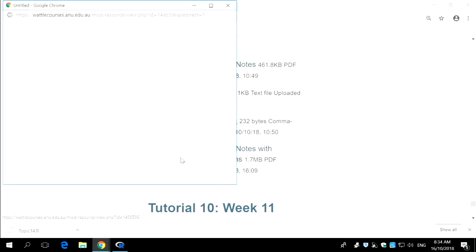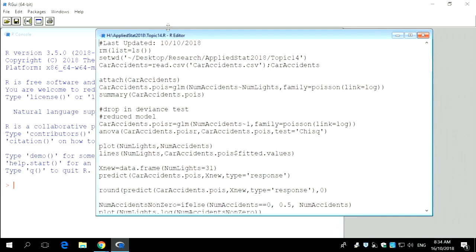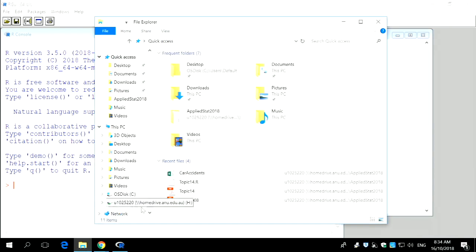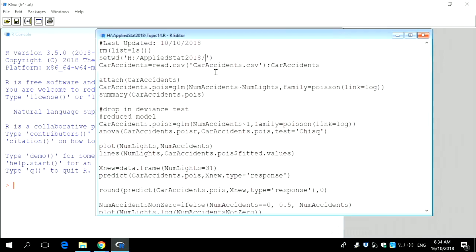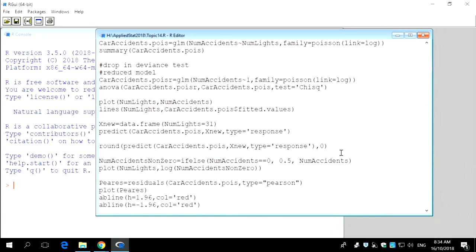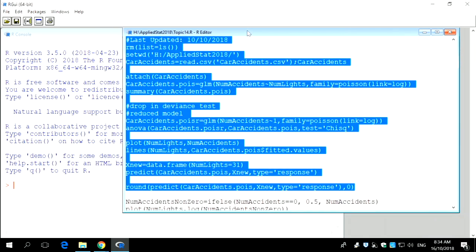The first thing you need to do here is to change the working directory. I think that's the working directory, right? Then read the data in and fit the regression, and then we have our prediction.